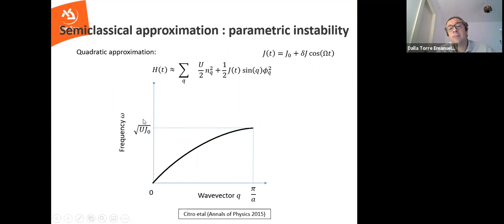This is a many-body bandwidth. It is not the bandwidth per particle or per site, but the bandwidth per bosonic mode. Of course you can put as many bosonic modes as you want, but each mode will have a given frequency. So the energy is unbounded, but in a quadratic model you have just independent bosons, and for each Q mode there is a typical energy, omega of Q.